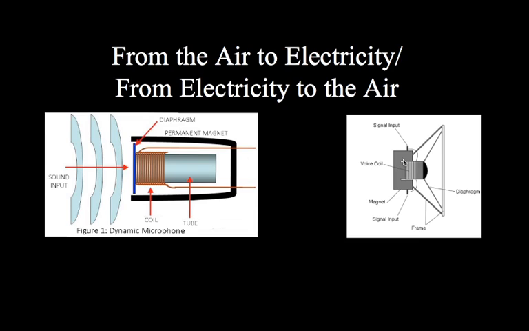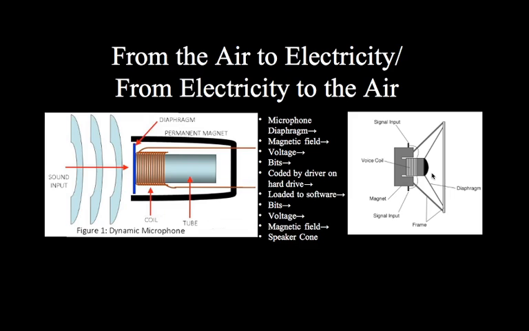We have the positive and negative signals that are going to move the magnet back and forth, just like the magnet was moving back and forth in response to the air. But this time, the magnet is going to be driven. So this is why we call it a speaker driver, and the magnet is going to drive this cone, which is going to push the air back and forth.